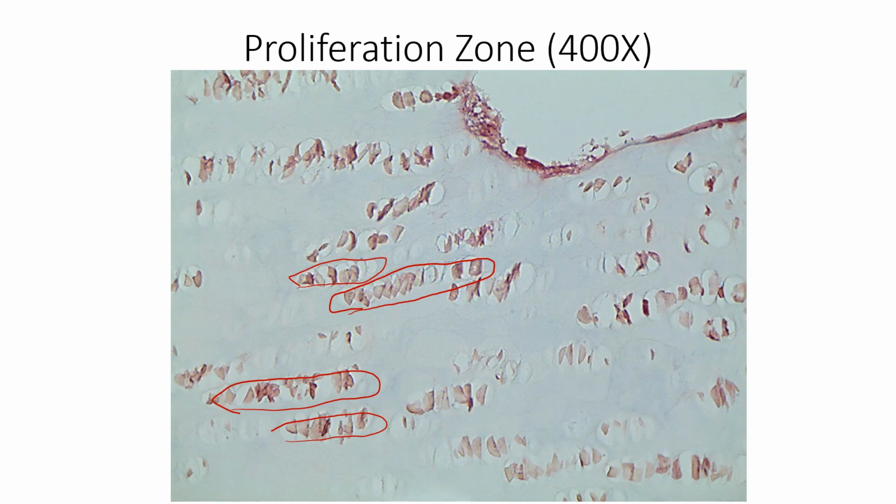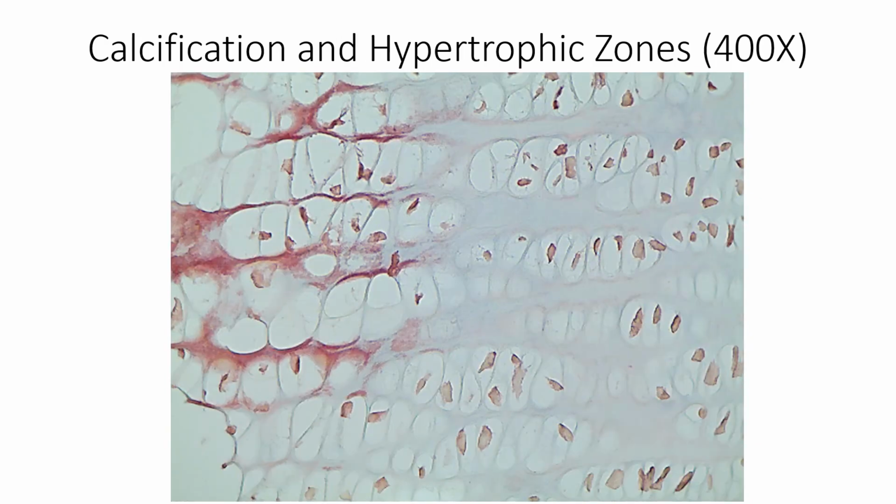For your exam, if you see the slides, you need to identify what zone of epiphyseal plate that is. This is 400x for calcification and hypertrophic zone. And again, it's really hard to tell exactly where we have hypertrophy and where we have calcification. That's why these zones will kind of come together on your exam.